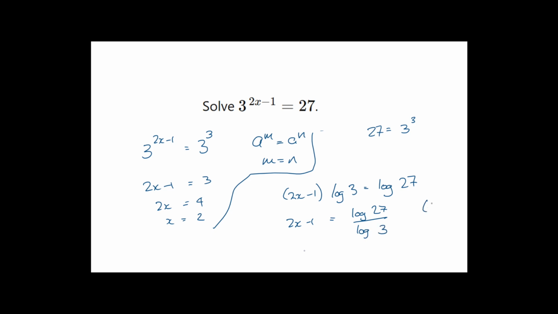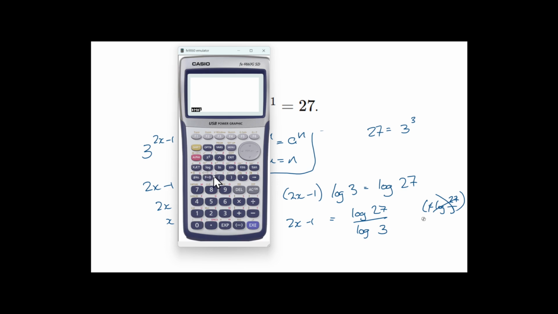And remember, that does not equal log of 27 over 3. It doesn't equal that. And I think that's going to give us a number. So if we put log 27 divided by log of 3, I think we're going to get a whole number, aren't we? 3, yes.